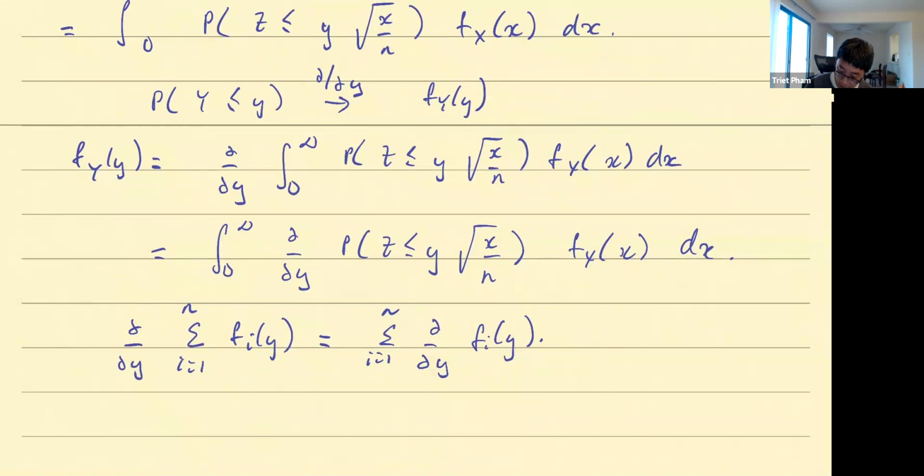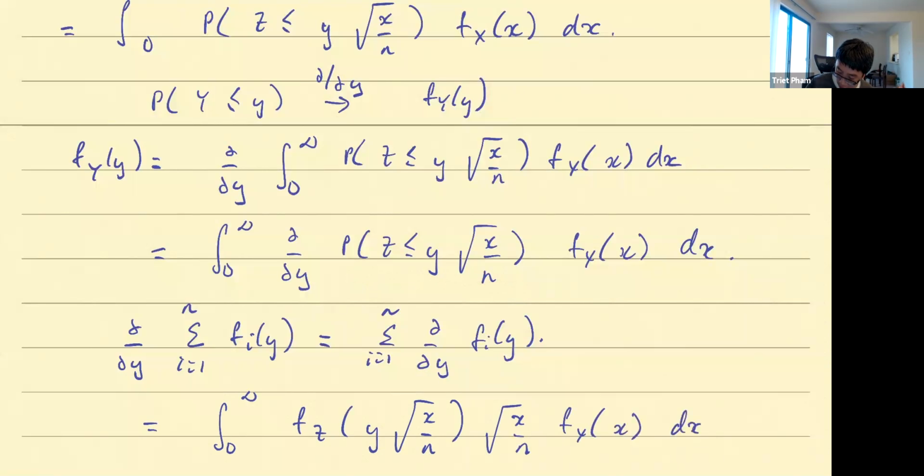Differentiating this, recognizing that this is the CDF of the standard normal, gives us the PDF of the standard normal times this, because that's the chain rule: you pick up this term times this. Is that okay?